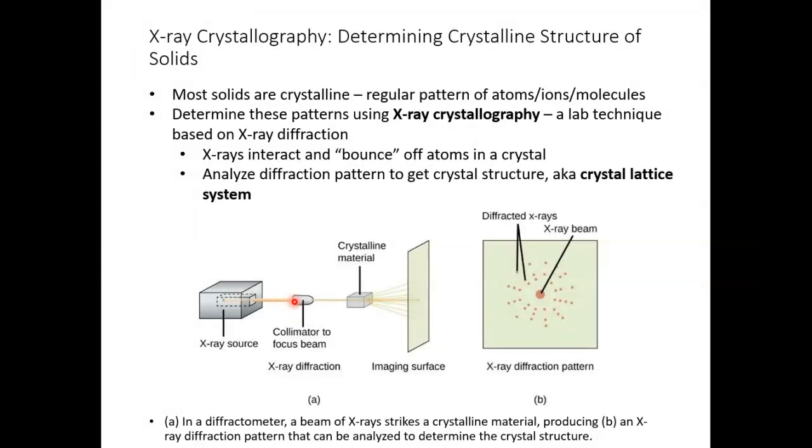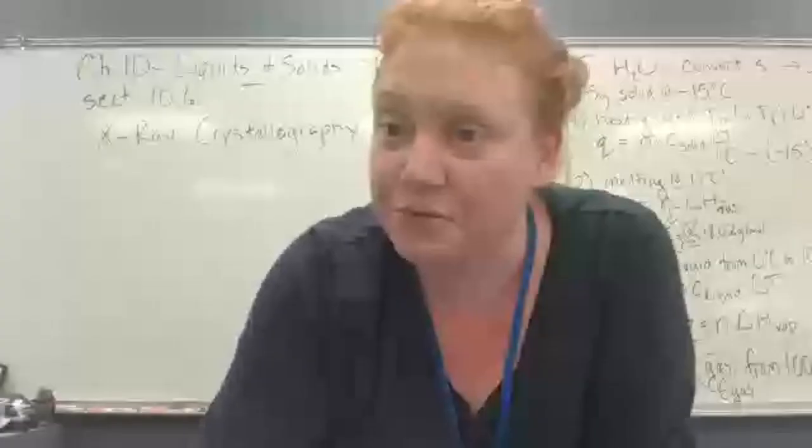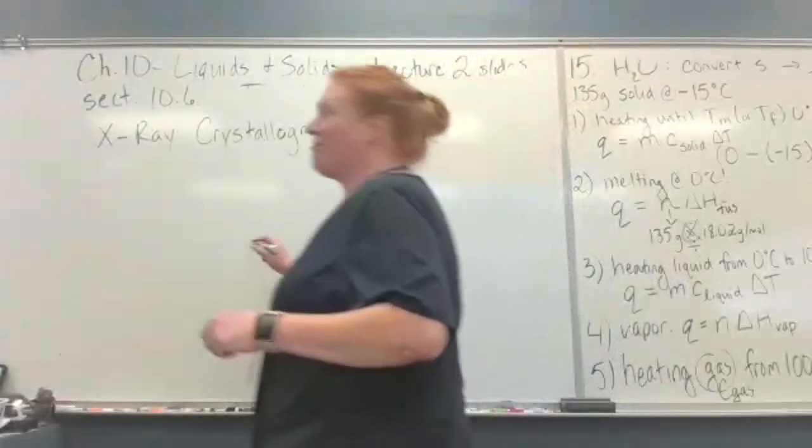If it hits an atom, what is it going to do? Bounce off. The word is diffract. We get diffraction patterns, and when we get these diffraction patterns, you can do some nifty little math.